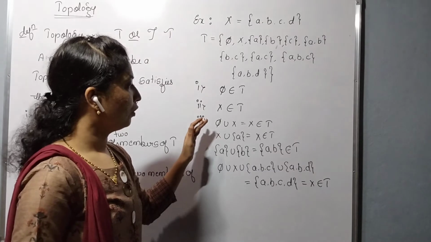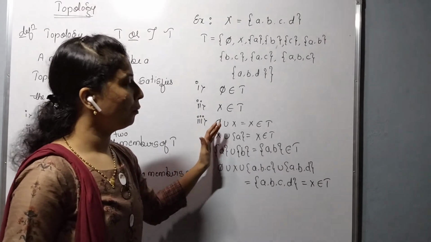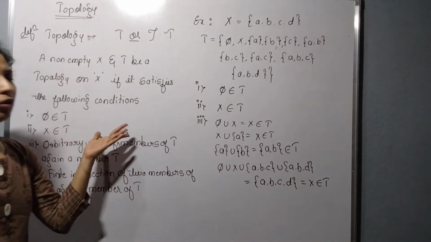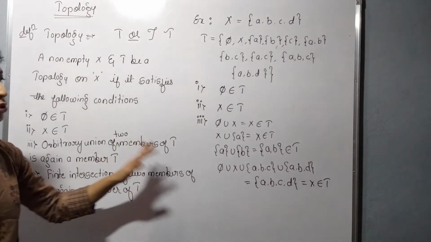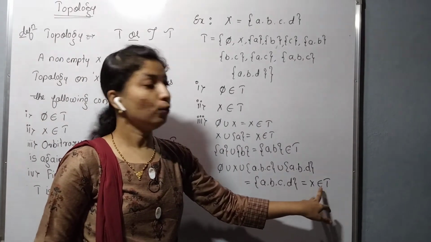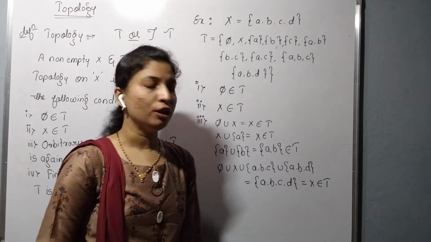The arbitrary union of two members of tau is again a member of tau. Not only two, we have considered more than two members, and still we get an element which belongs to the topology tau.